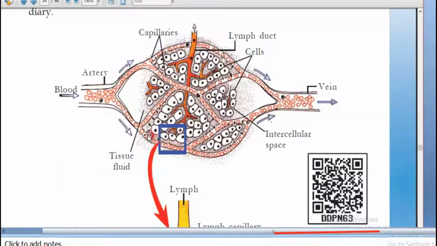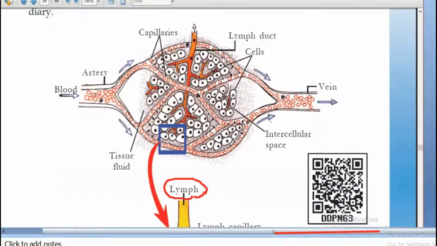Once this tissue fluid reaches the lymph capillaries, it is known as lymph. Or we can say that lymph is the tissue fluid inside the lymph capillaries.